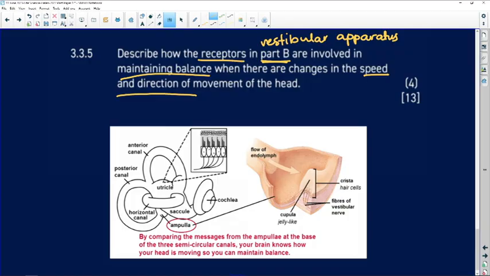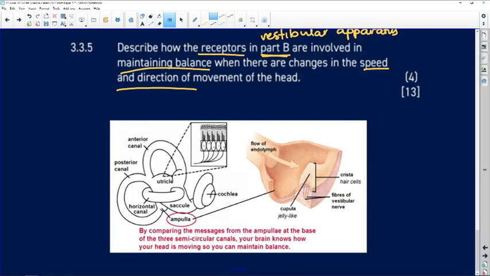So something must be feeding those changes in direction and that acceleration forward. Something must be feeding that information to the brain. And the brain is able to very quickly process that so that it is going to send messages back to your skeletal muscles and the muscles of the core of your body so that you don't fall over. All right, so let's describe how those receptors bring about those checks and balances.